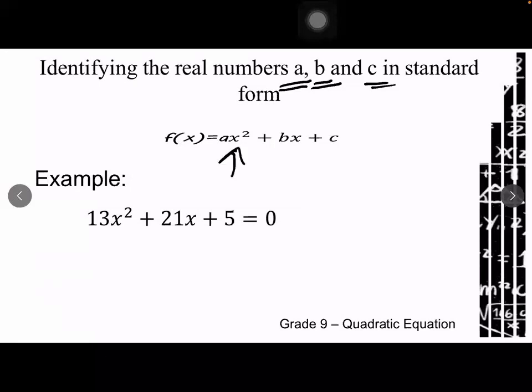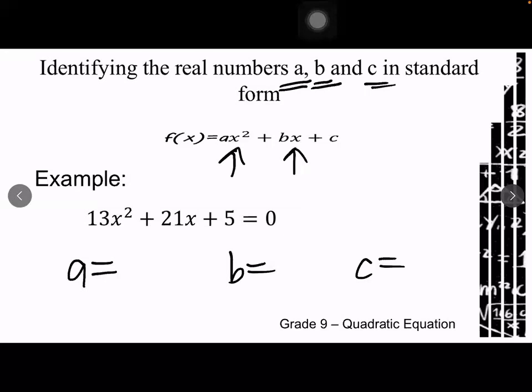The value of B is yung katabi ng x, and the value of C is just a number without a variable beside it. So let us start. We have A, B, and C. Always remember, in identifying A, B, C, they should be numbers only. So numbers lang po dapat.